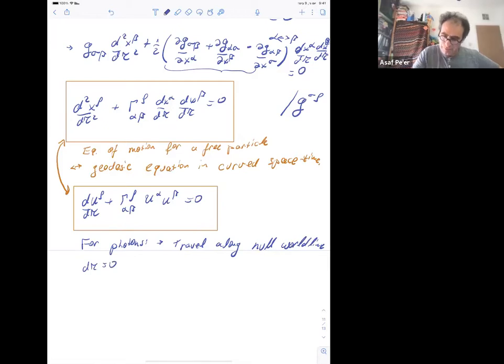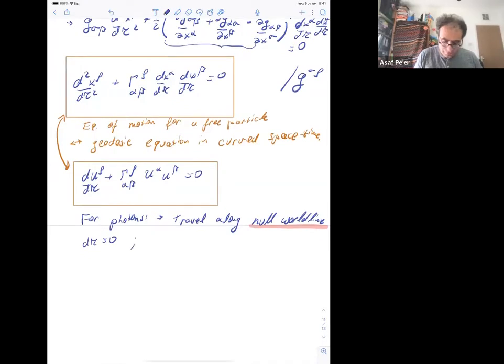Tau is equal to 0. So the path has to be characterized by a different parameter, not tau, but something else. It can be lambda or sigma. So we can write x alpha is x alpha of lambda. And the equation of motion is, again, the same equation of motion for null geodesics.